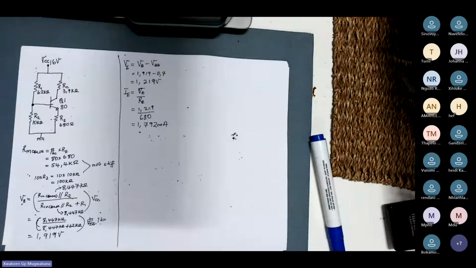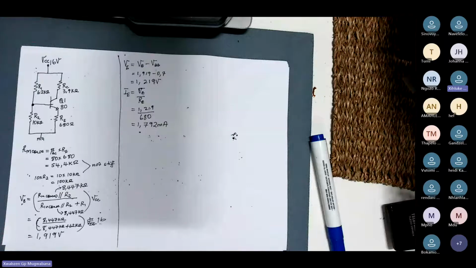After IE, what is the next step? We calculate I base, to compare if it's equivalent or not. IE is equivalent to IC.